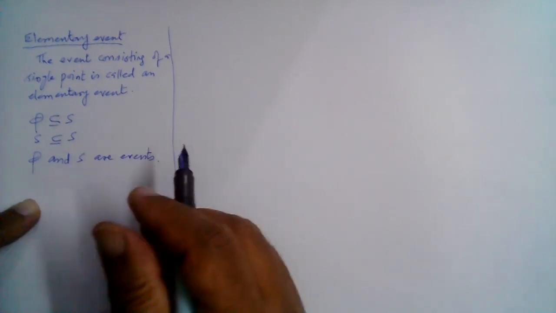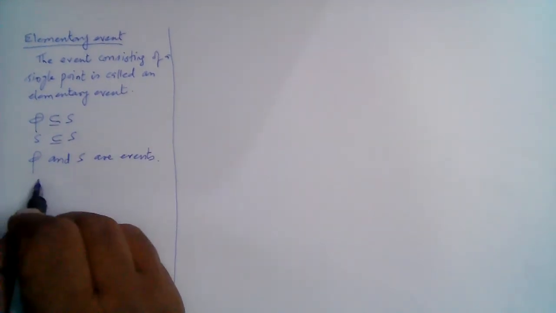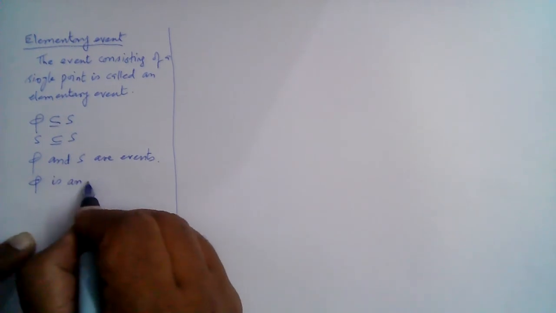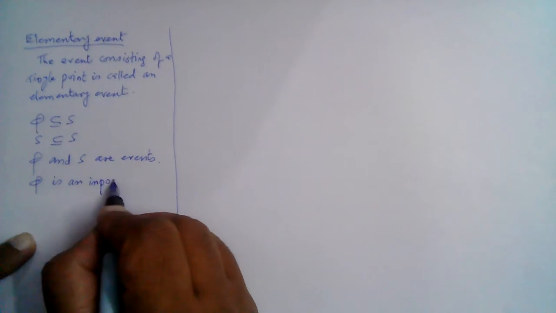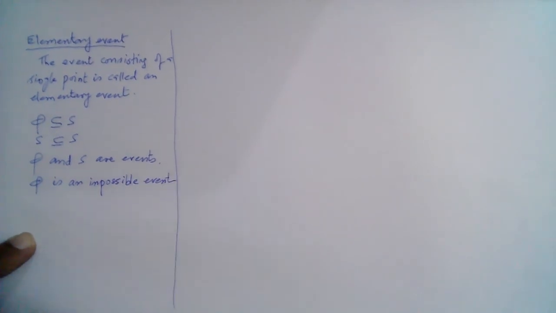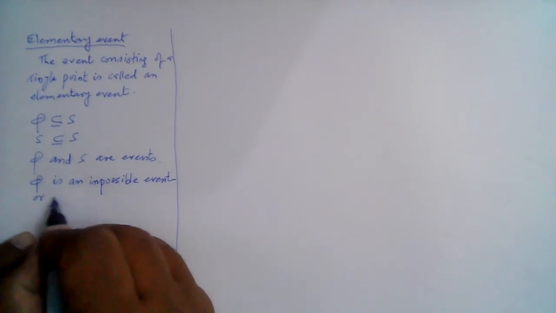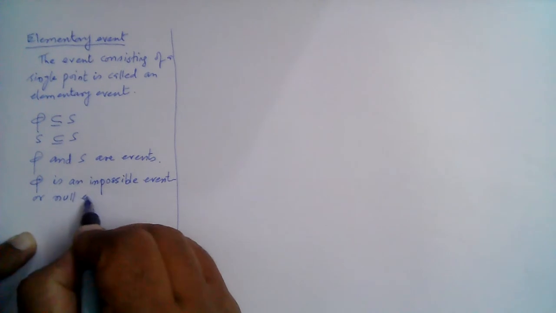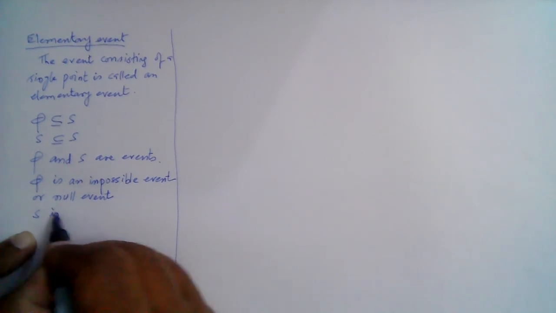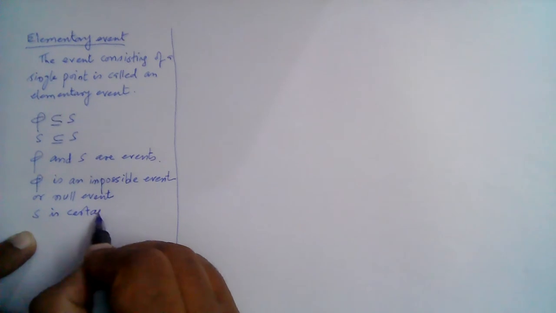Phi, which is an empty set, is said to be an impossible event, or null event. And the sample space S is called the certain or sure event.